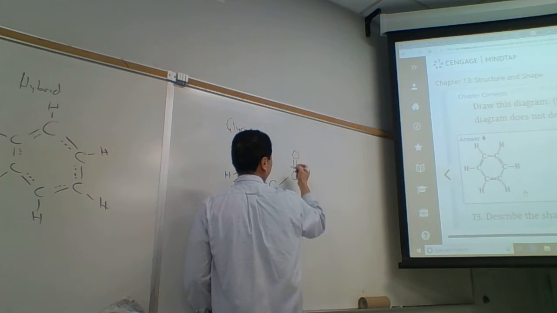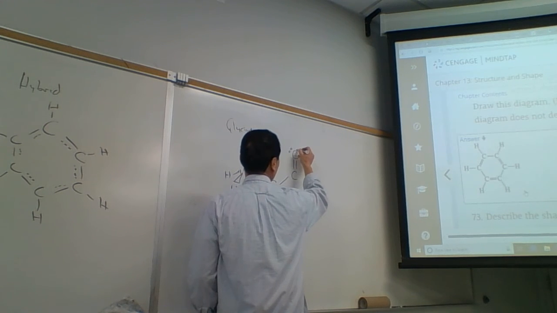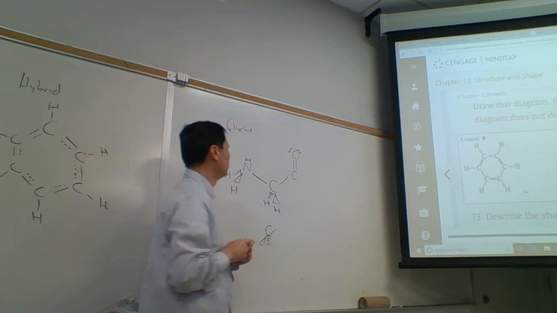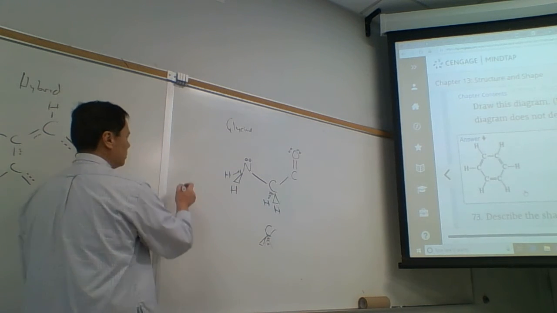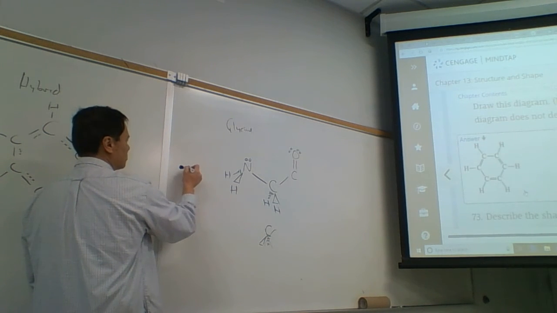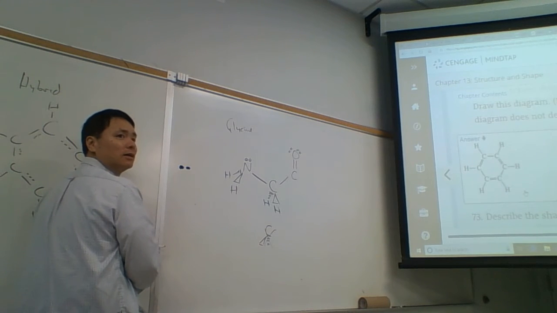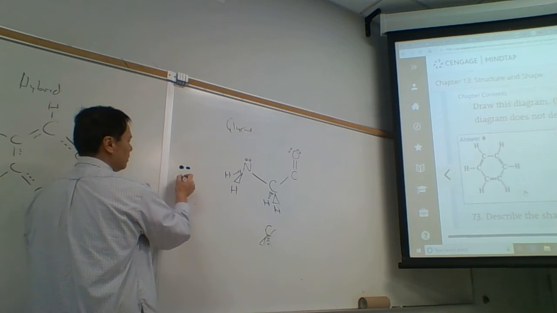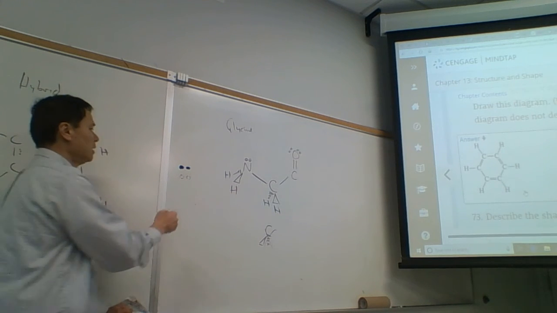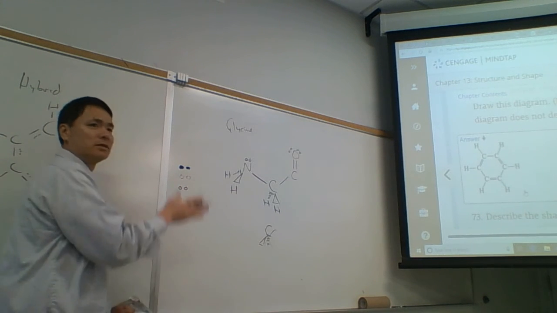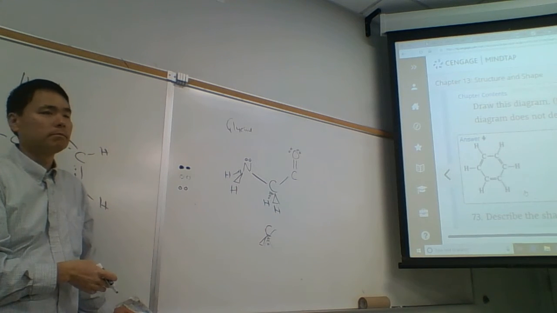Some people showed me what's happening because I have 3 ways of drawing lone pairs. If I drew the lone pair like this, what does that mean? It's sticking out. If I dotted them like this, it's sticking in, and if I just drew them as circles, it's in the plane.